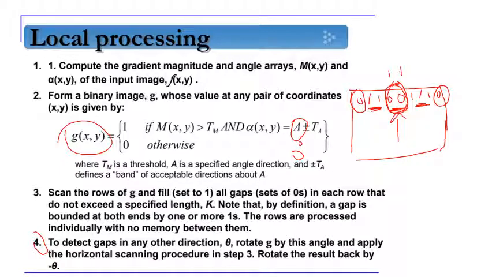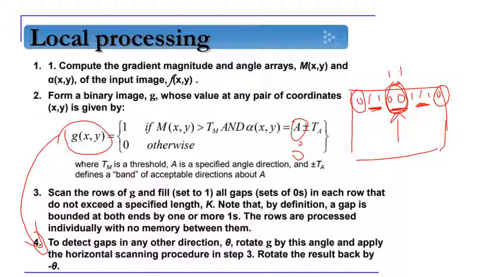We rotate this g of xy by whatever angle we want, then use the same procedure as in step 2, take the threshold and compare, and once we get the result, it is rotated back by the angle minus theta, so that you get the original image. This is how the local processing is done.